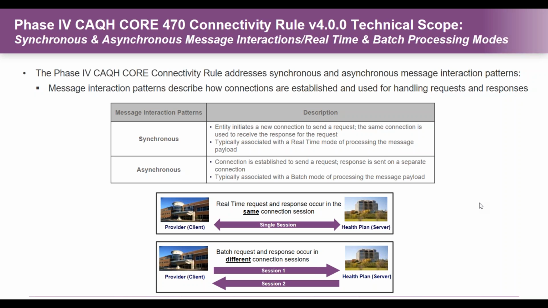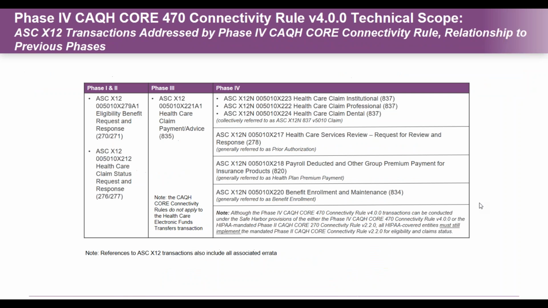And the asynchronous method is one where the client sends a request and it doesn't wait for a response on the same connection, but it picks up the response in a separate connection. So this would be an example of a batch mode message interaction where you have the submission happening on one session and the pickup of the results happening on a totally different session. Next slide, please.